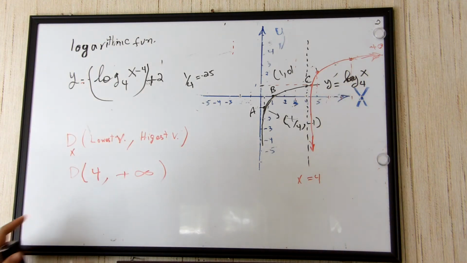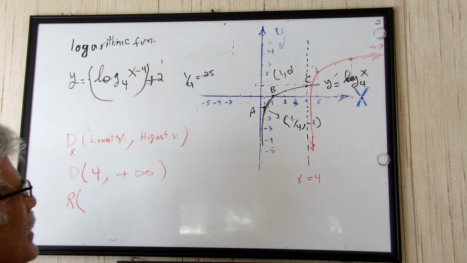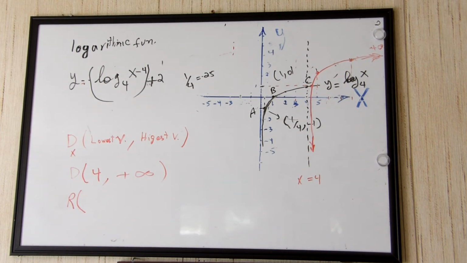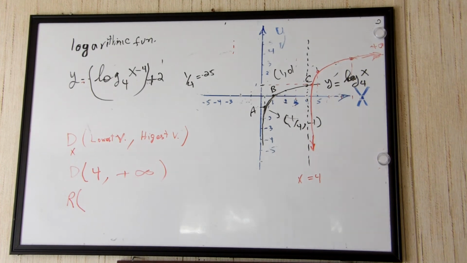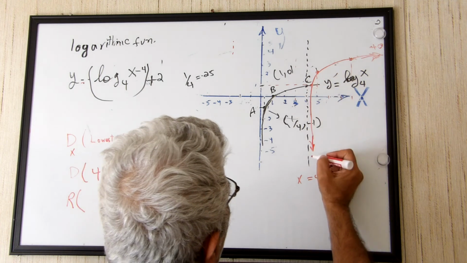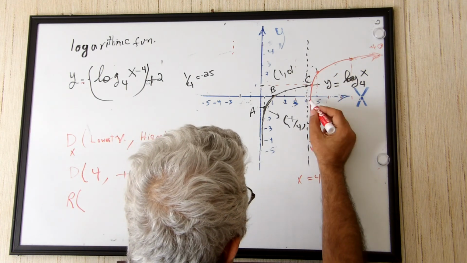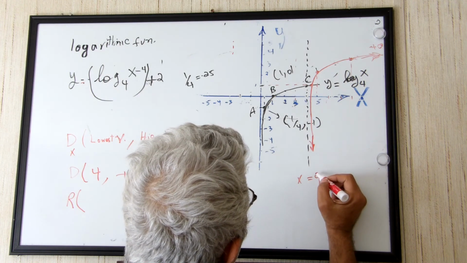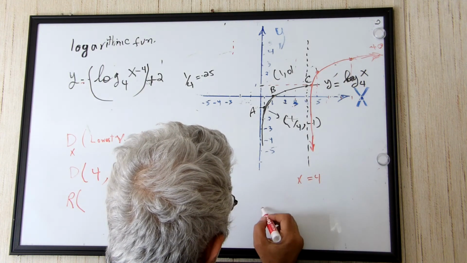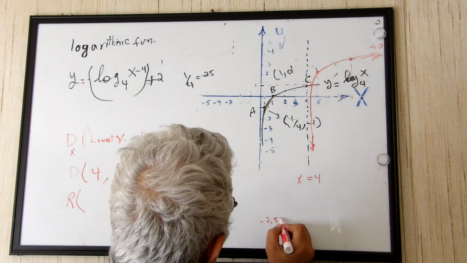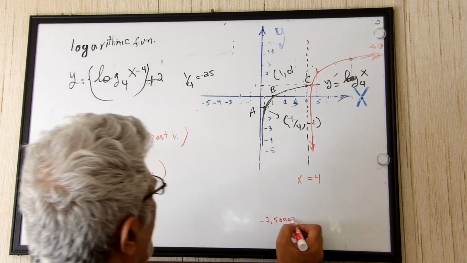So, and the range. What is the range? The value of y. The value of y is in this one. See, the value of y. You can give any value from minus infinity. See, you can give minus 2 million, whatever the number.